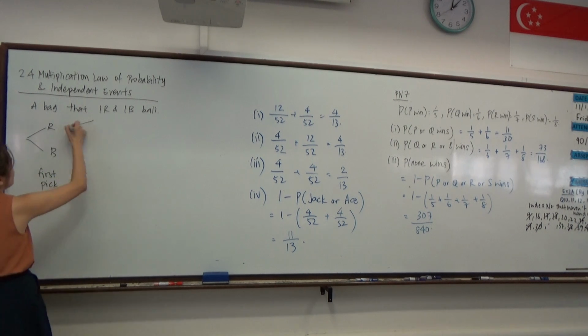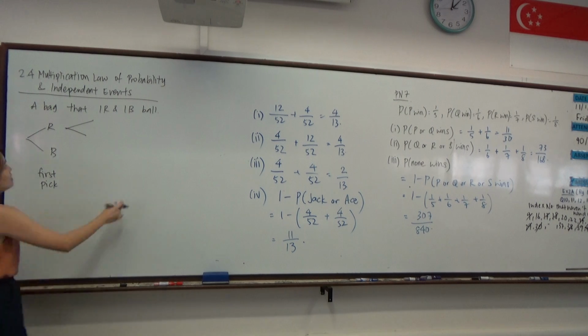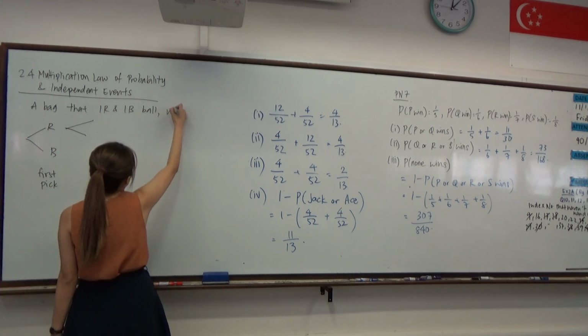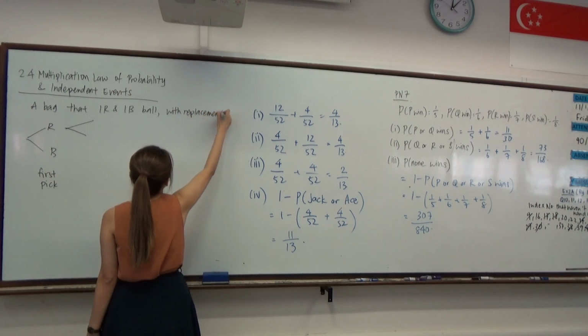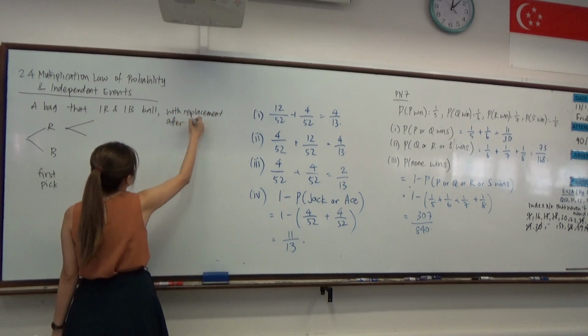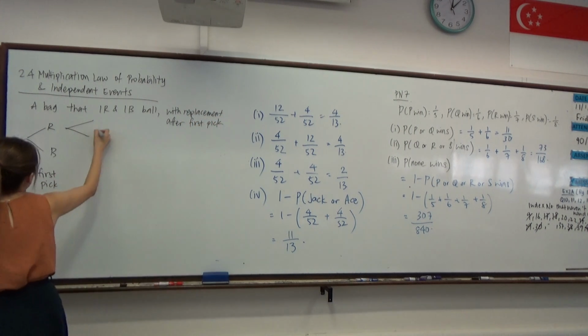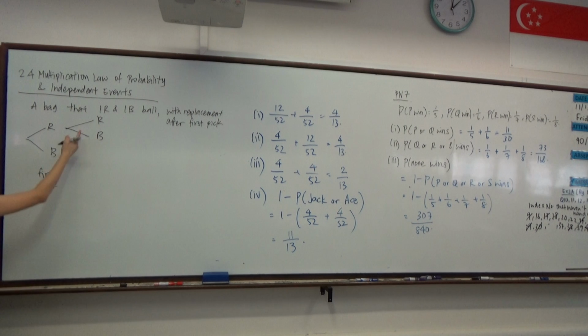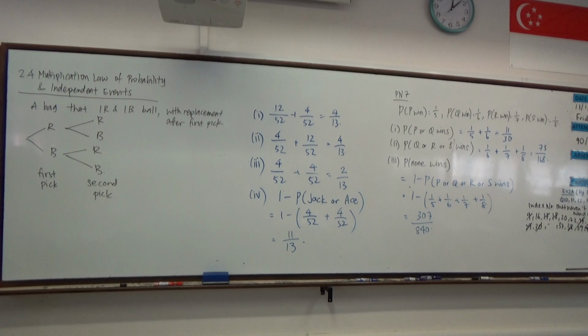Then if I replace the ball, I will still have red and blue ball, and likewise for my second pick. So this was how we understood our tree diagram earlier.